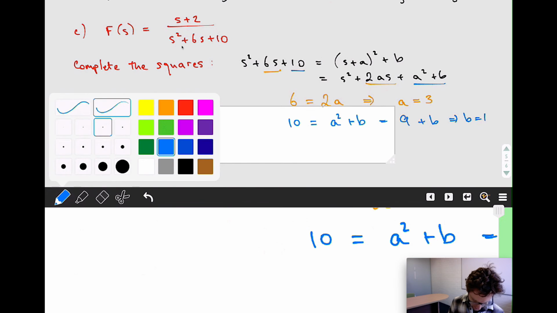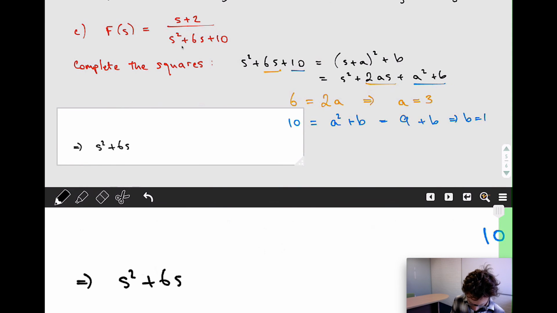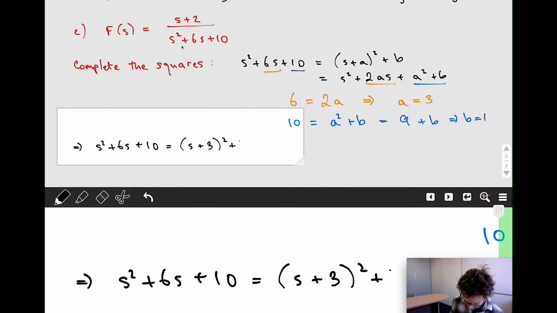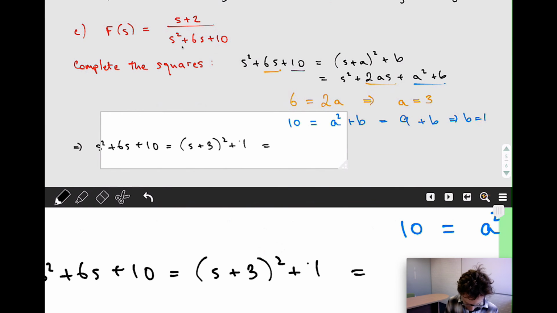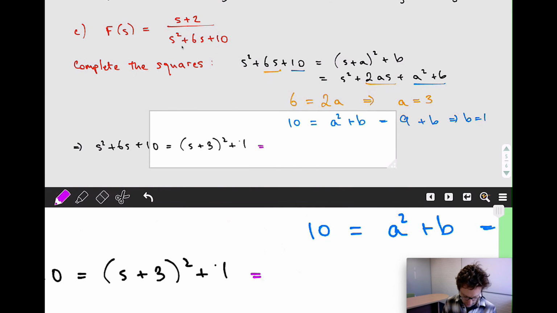We found that s squared plus 6s plus 10 is equal to s plus a all squared plus b. And you can always check that by multiplying that out, just to make sure that you found the correct completion of the squares.